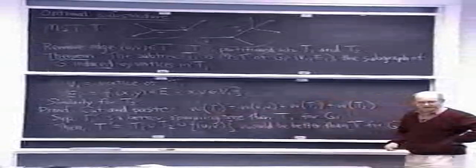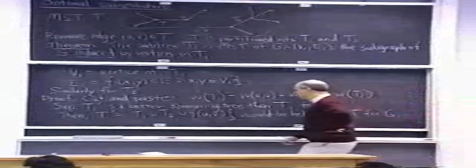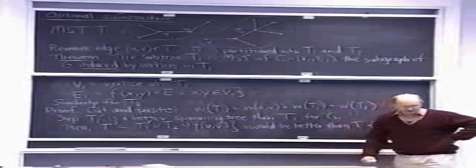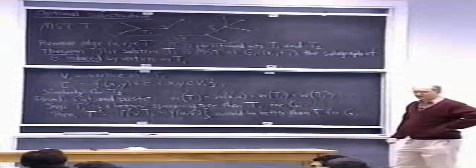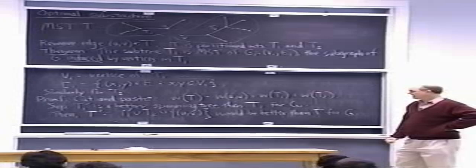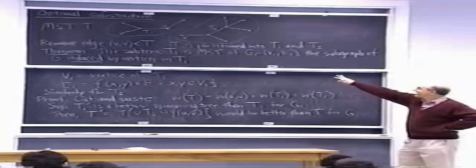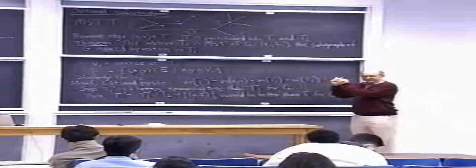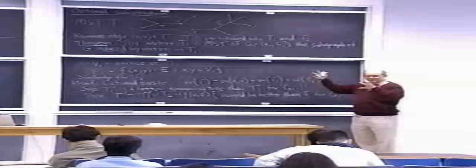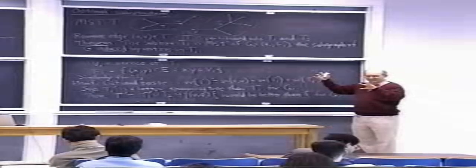Yeah? T1 prime. Good. Sorry? Yeah? Well, this is true for any UV, right? I mean, I can remove any edge, and I've got an optimal substructure property.